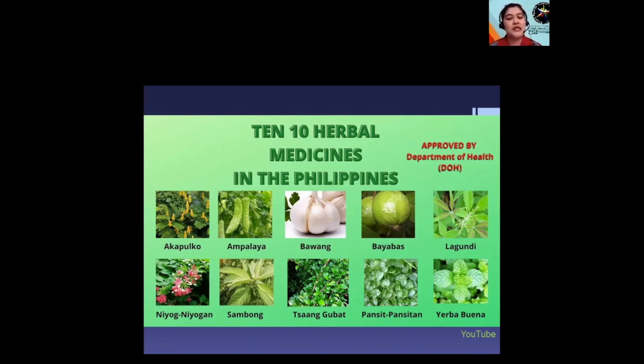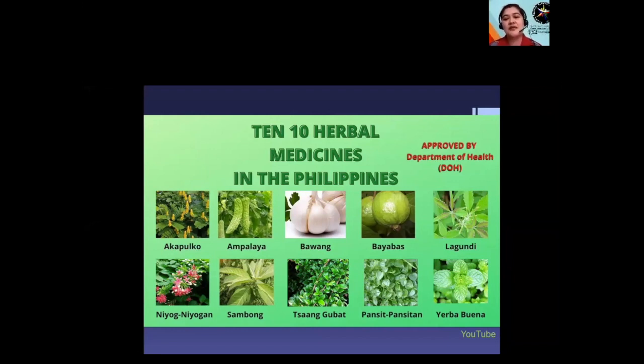Umabot na po na hindi lang yung halaman ang pinag-aaralan dyan. Na-extract na po nila yung mga active components niyan, na-elucidate na rin po nila ang chemistry ng mga yan, alam na rin po nila kung ano ang aapektuhan niyan o gagamutin niyan. Kaya po sila approved ng Department of Health.